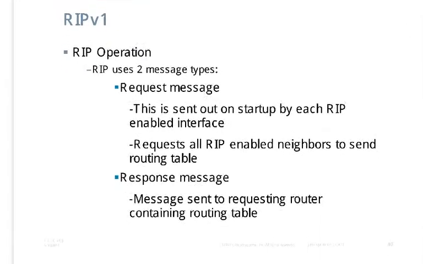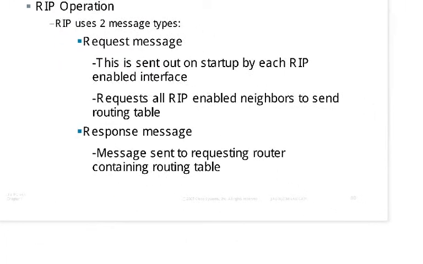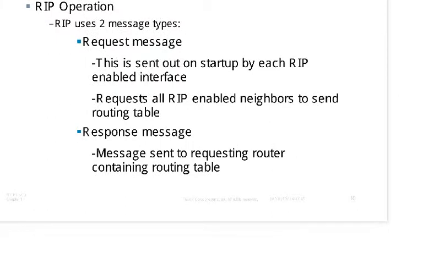In terms of operation, this is the command. In the command, we have 2 possible messages for RIP. The first one is the request message, and we'll see how that works. And we have a response message. If the command is 1, this means the request message. If the command is 2, this means the response message.